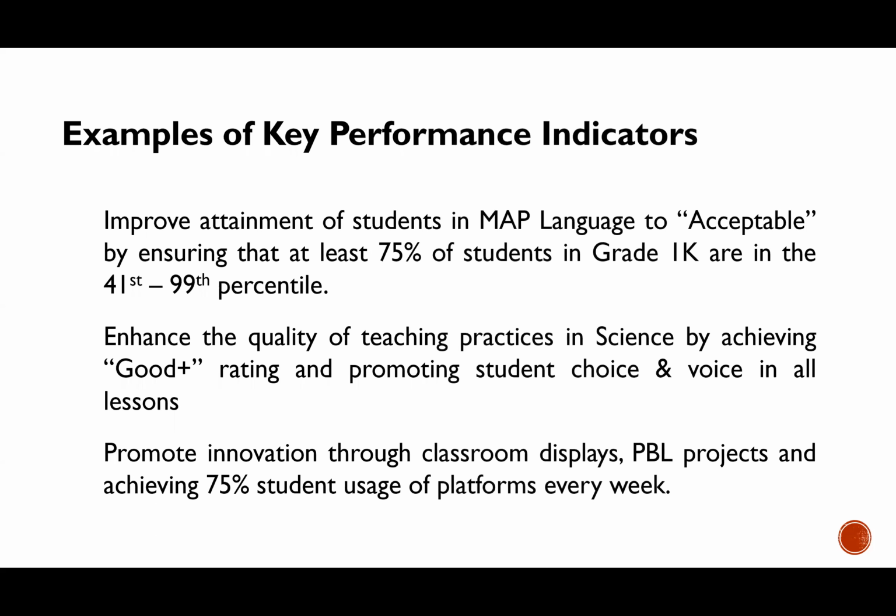So examples of key performance indicators. Improve attainment of students in MAP language to acceptable by measuring that at least 75 of students in grade X are in the 41 to 99 percentile.